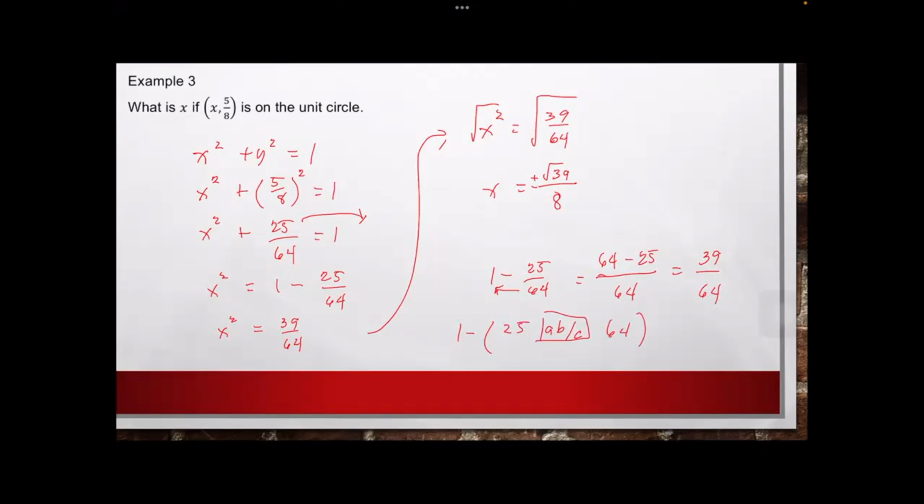Sa malaki, 1 minus 25, then 64, that equals. Pag lumabas sa inyo ay hindi 39 over 64, pipindutin mo lang yung A, B, C para maging 39 over 64.